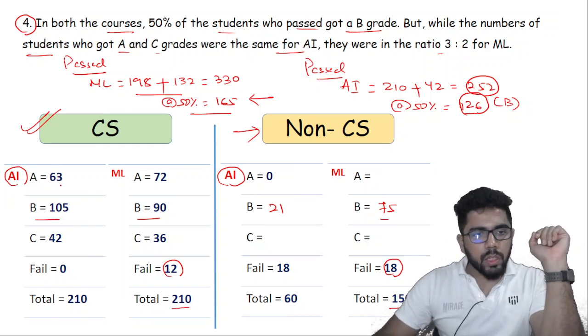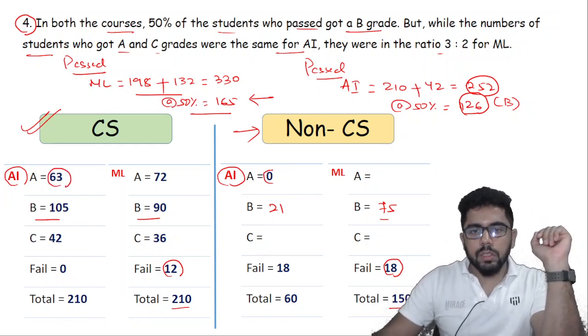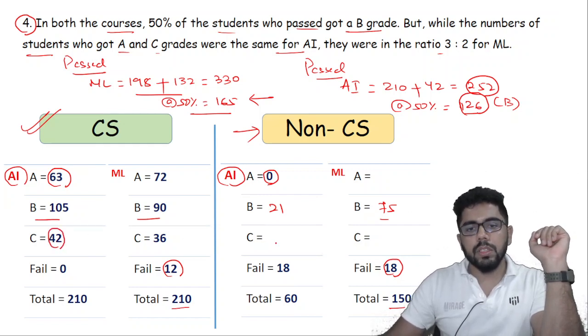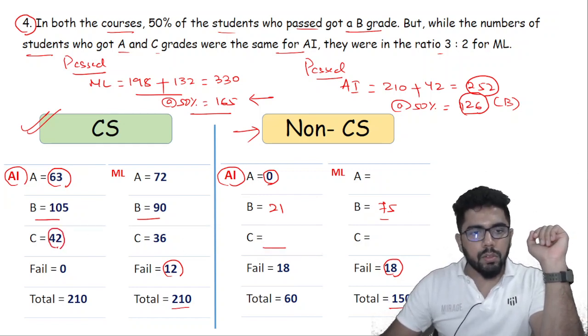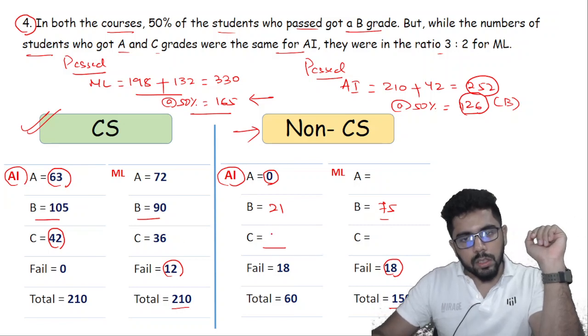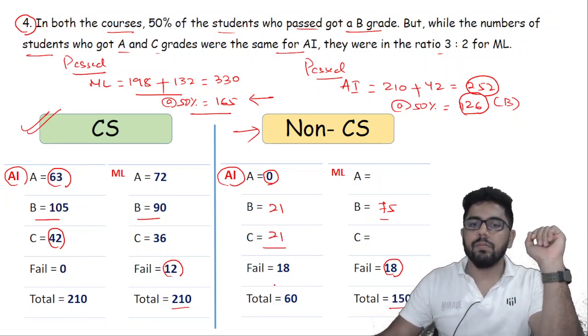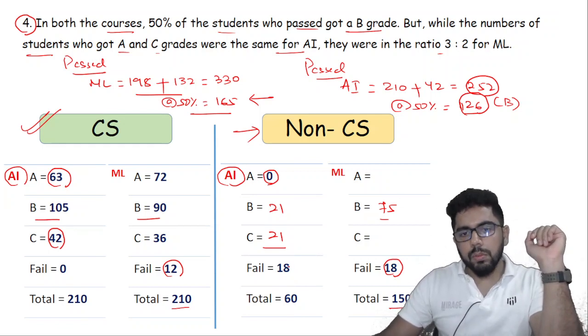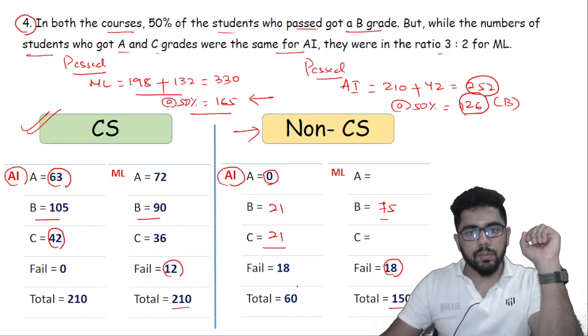How many students got A grade in AI? 63 plus 0, it is 63. So I need to have 63 students who got C in AI. Already I have 42 here, so I need another 21 here. If I add up 21 plus 21, 42 plus 18, 60, it perfectly fits.